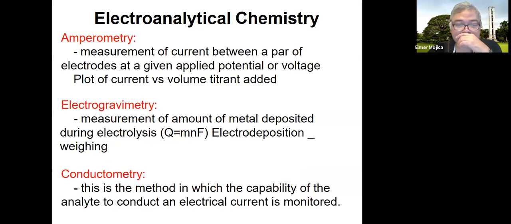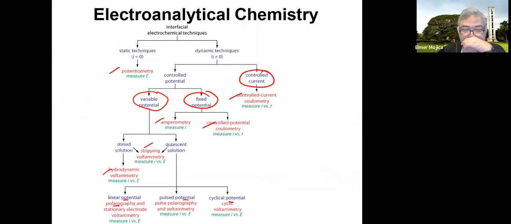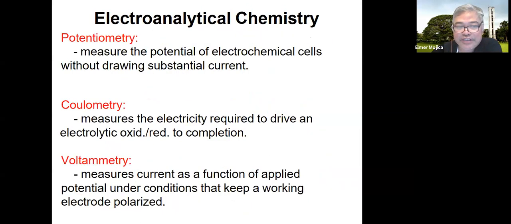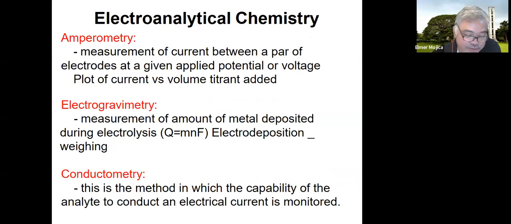When you look at amperometry, there's a fixed potential that is applied, unlike in voltammetry, where the potential can be at different points. So in amperometry, there's a measurement of current between a pair of electrodes at a given applied potential or voltage. So you have here the plot of the current versus the volume of titrant that is being added.